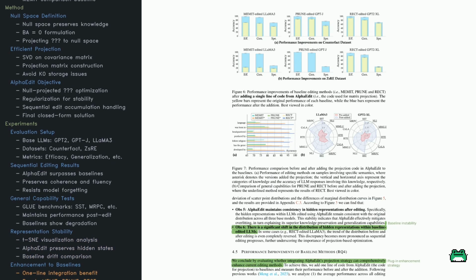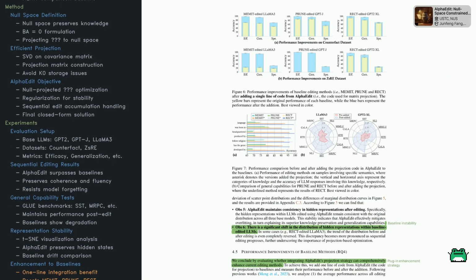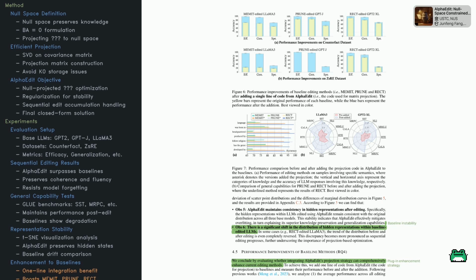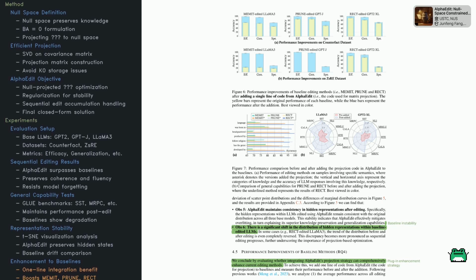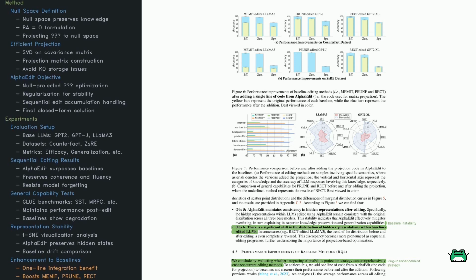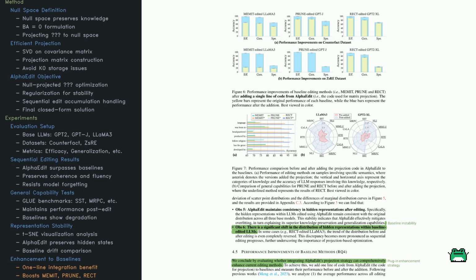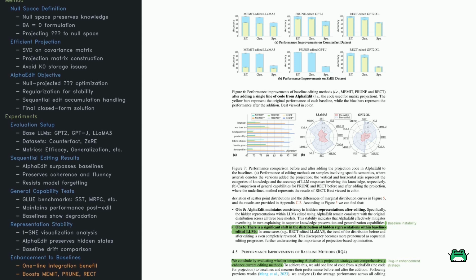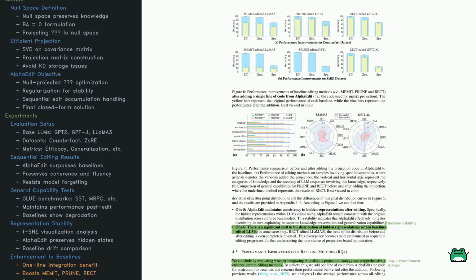What if we took existing methods and just added AlphaEdit's projection? Figures 6 and 7 show the answer. Figure 6 compares MEMIT, Prune, and REC before, yellow bars, and after, blue bars, adding the projection. Every metric jumps: effectiveness, generalization, specificity. Figure 7 breaks it down further.